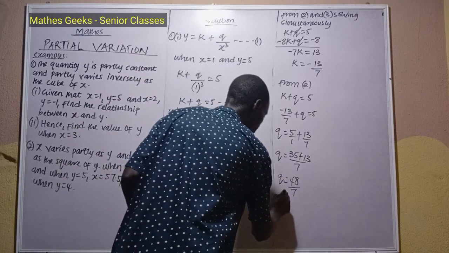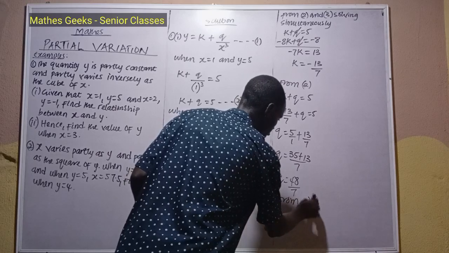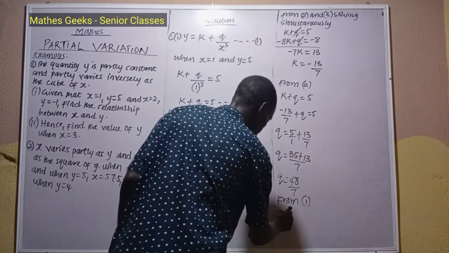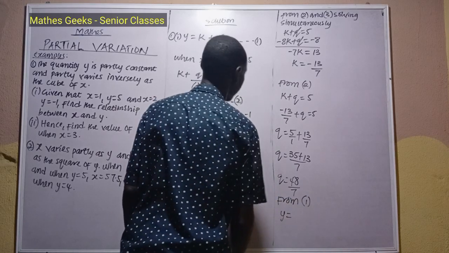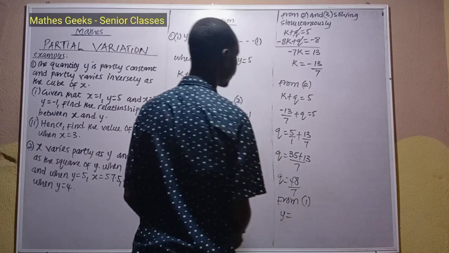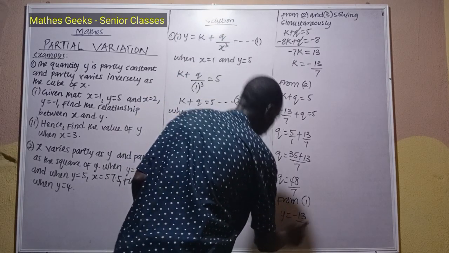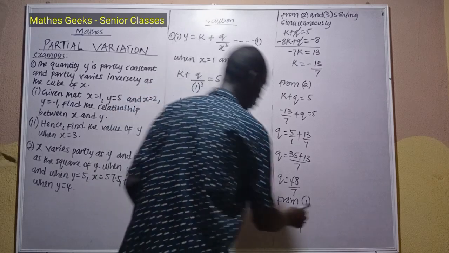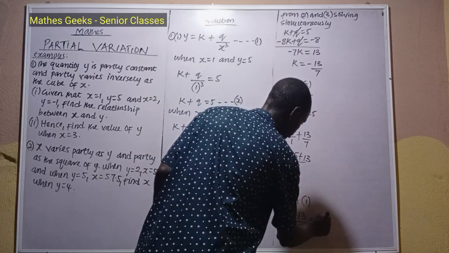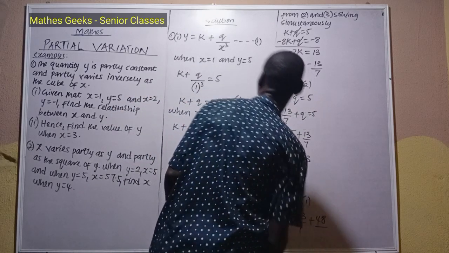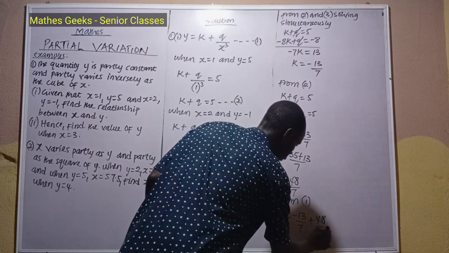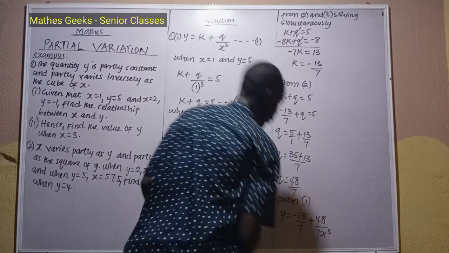So from equation 1, y equals k, which is minus 13 over 7, plus 48 over 7 x raised to the power 3.